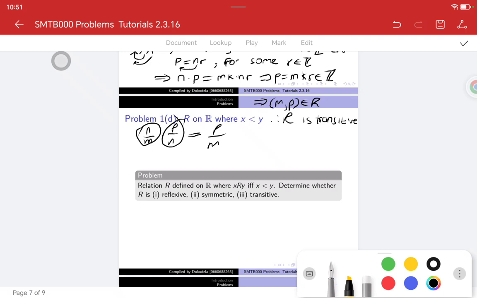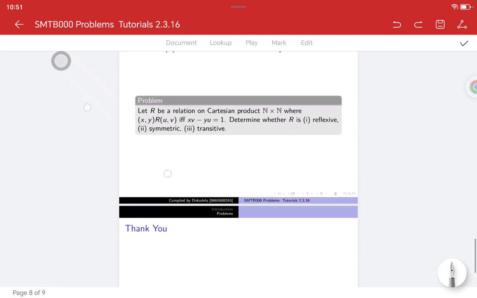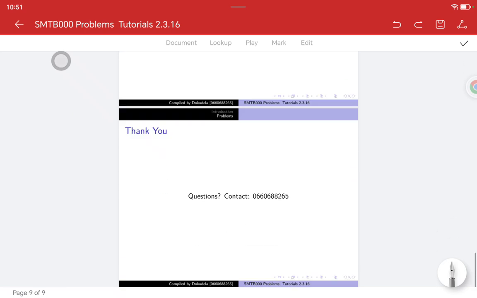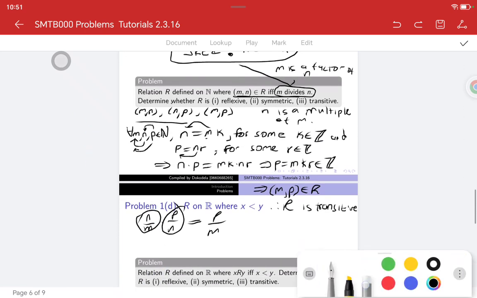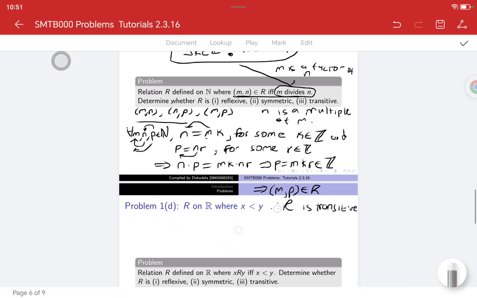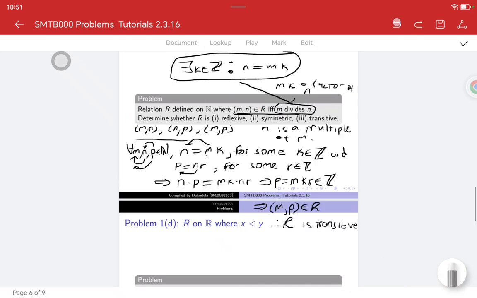So when it comes to relation R defined on real numbers, where x is related to y if and only if x is less than y, we're going to end with this one.